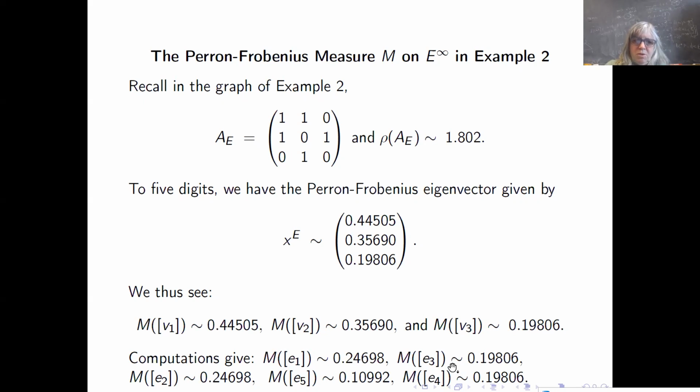So when you do some of these sums, you can see they're related, that this plus this is equal to this, which is what you expect, because the cylinder set E1 union cylinder set E3 gives you the V1, and so forth. And E4 corresponds to this over here. It turns out the cylinder set corresponding to the edge E4 is just the same as the cylinder set corresponding to the vertex V3. That's why they have the same measure.